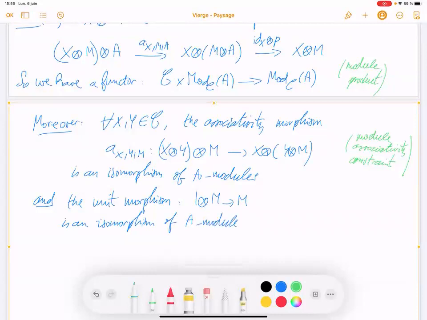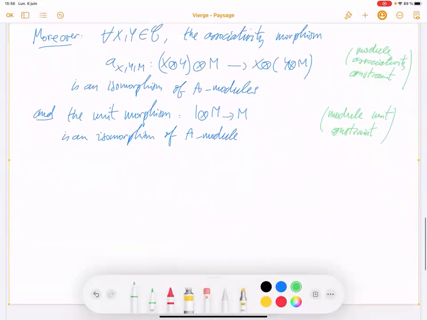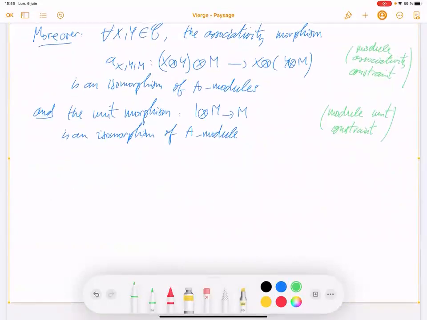And this will be the module unit constraint. So we get what we expected, a C module category structure on mod CA.